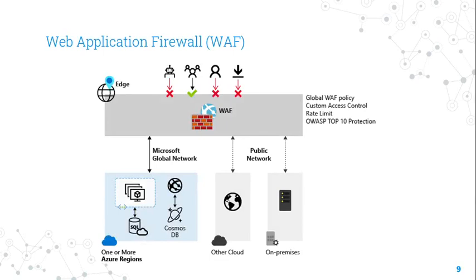Web application firewall provides centralized protection of your web applications from common exploits and vulnerabilities. Web applications are increasingly targeted by malicious attacks that exploit commonly known vulnerabilities. SQL injection and cross-site scripting are among the most common attacks. Preventing such attacks in the application code is challenging.